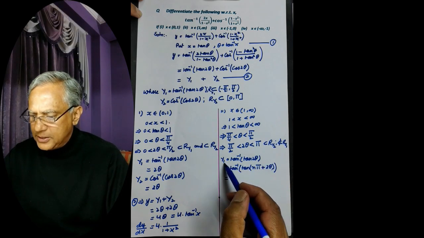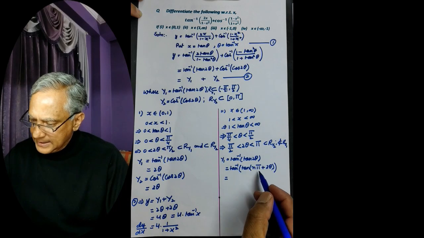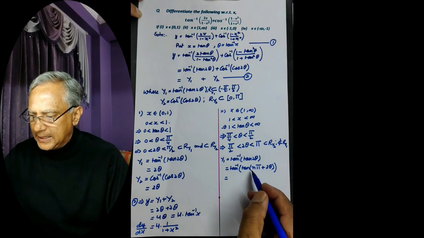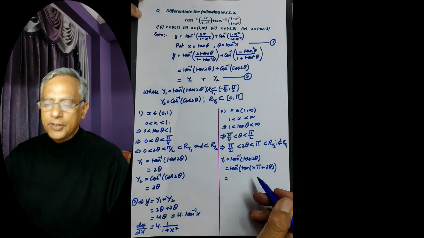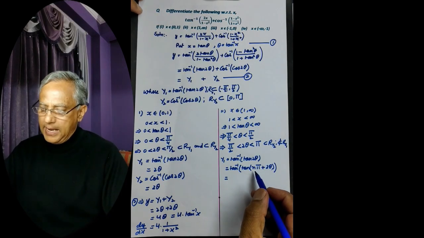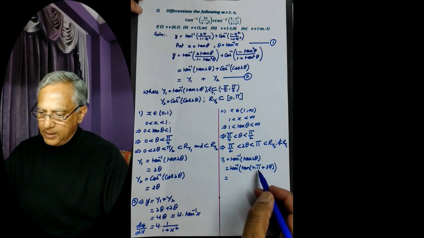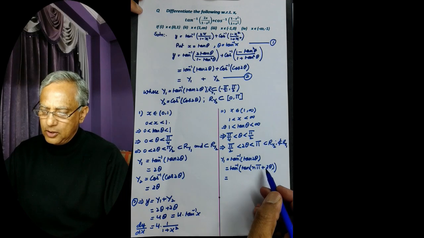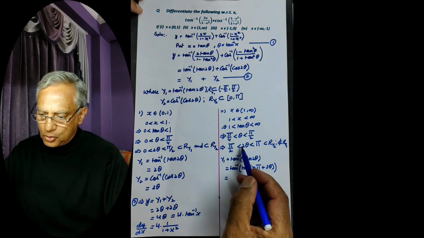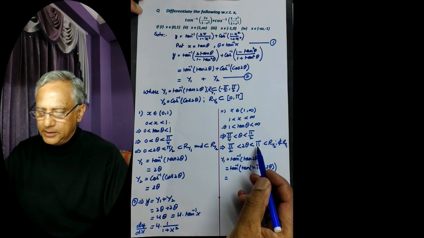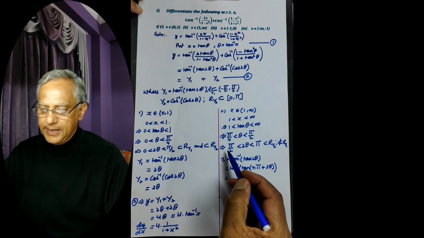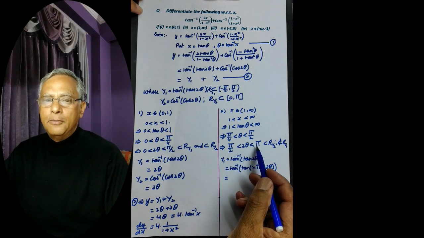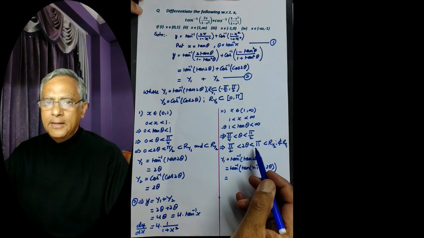This is not in the range of y1. So we write this as n pi plus alpha and choose n such that this is within the range. So try n equal to, say, 1. Then this is pi plus 2 theta. Add pi: this will be 3 pi by 2 and this will be 2 pi, which is not within the range.